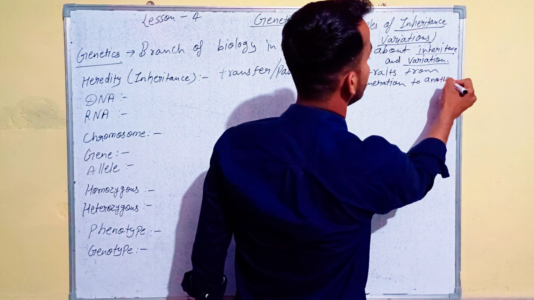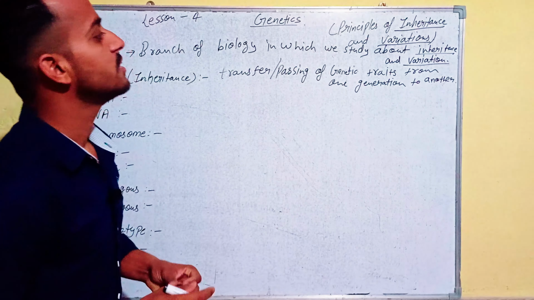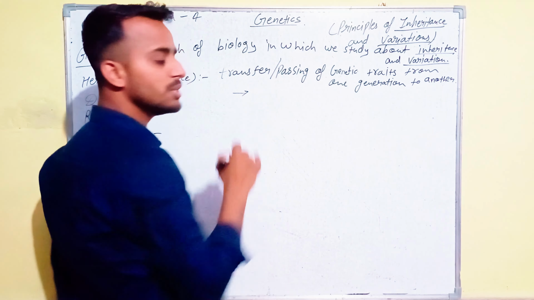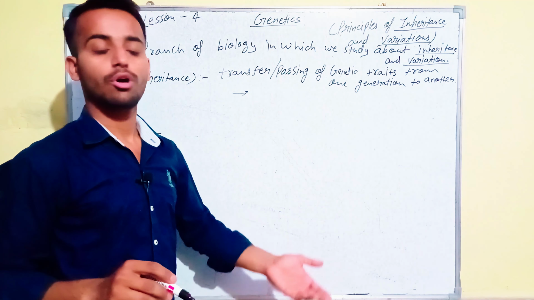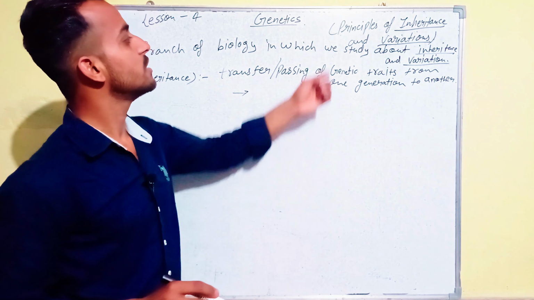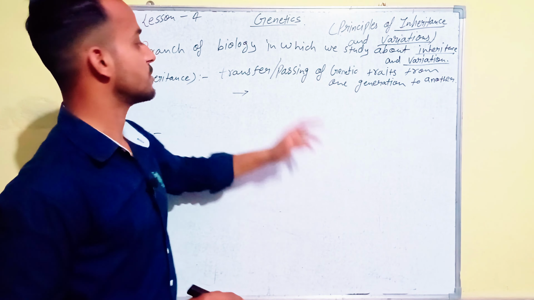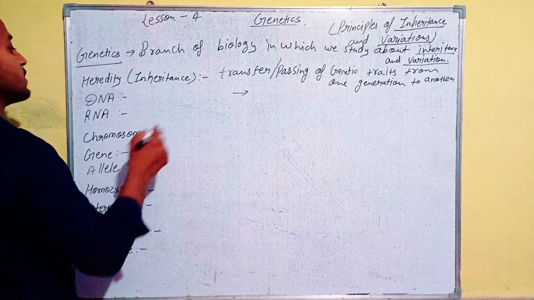That's called inheritance. And what is variation? Variation is the difference between parents and their offspring, their children. That difference between parents and their children is called variation.